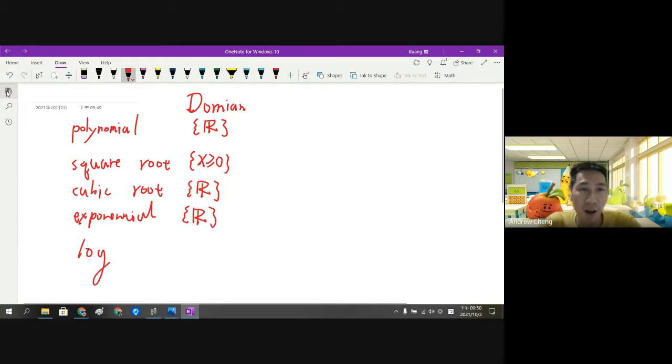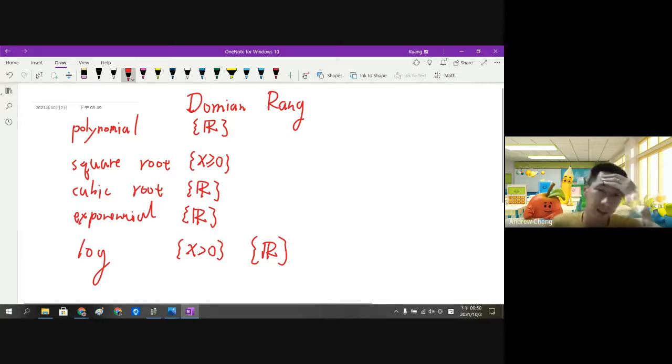And the last one, log, for the parent function the domain is x greater than 0. And for range, the log is always all real numbers. Okay, so let's come back here.